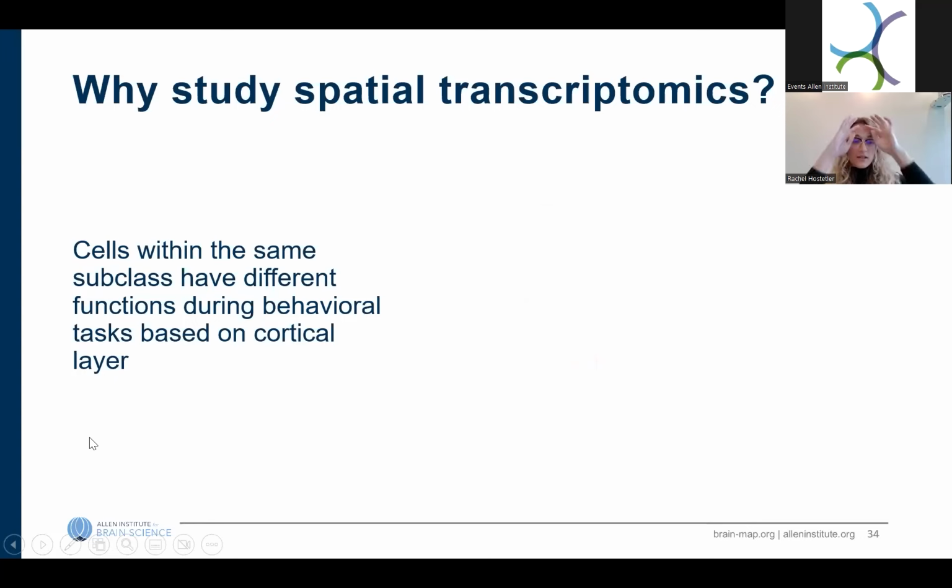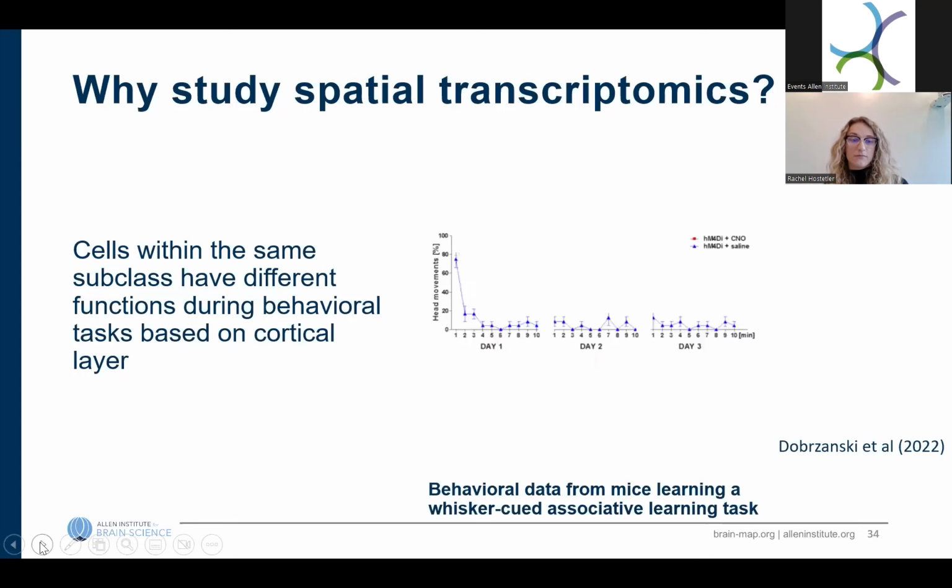Spatial transcriptomics is also important to study because even if cells have the same molecular marker, they might have different functions during behavioral tasks based on their location within a brain section. So in this example here, this is data taken from a behavioral task where mice learned to perform a whisker-cued associative learning task.